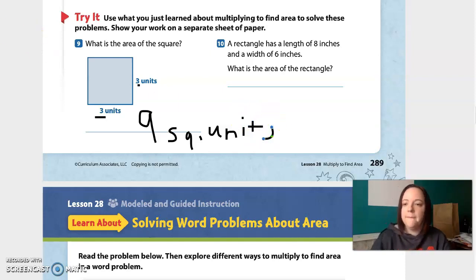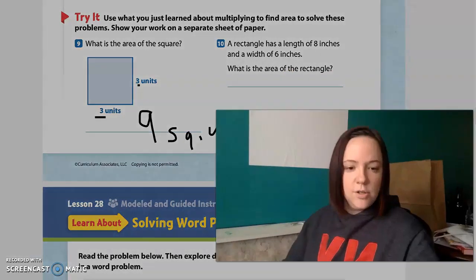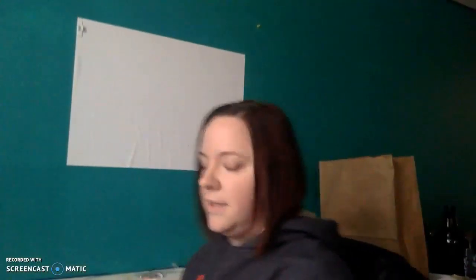There we go. A rectangle has the length of 8 inches and a width of 6 inches. What is the area of the rectangle? Well, let's look. I'm going to actually draw this one up on my board real quick. So I'm going to make my screen bigger and tilt. Okay, let's look at this.